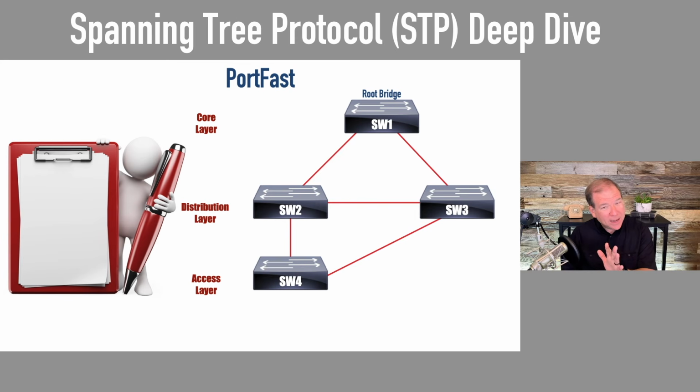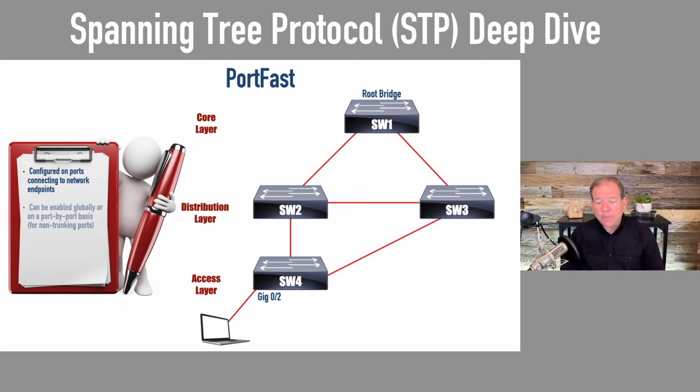I hope you didn't lie to me. And it lets that port go active almost immediately. But we plug in, for example, this laptop into switch 4 on gig 0/2, and we say, for that port, we want to make it a PortFast port. And we could do that on a port by port basis, or we could enable it globally on a switch.